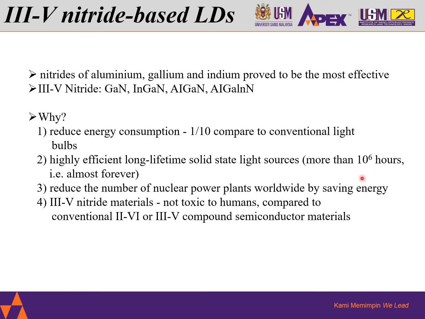They are high efficiency, long lifetime solid-state light sources, with more than 10 to the power of 6 hours. It is almost forever. It reduces the number of nuclear power plants worldwide by saving energy, and III-V nitride is not toxic to humans compared to the conventional II-VI or III-V compound semiconductor materials.